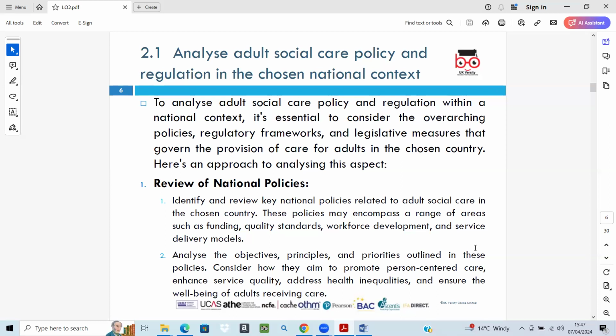Previously, we always used to fill out forms manually, in paper format written by hand. But now most things are done electronically and secured in the cloud or an encrypted site. We save everything. So technology has advanced, and the same thing will happen with the health and social care industry as well.